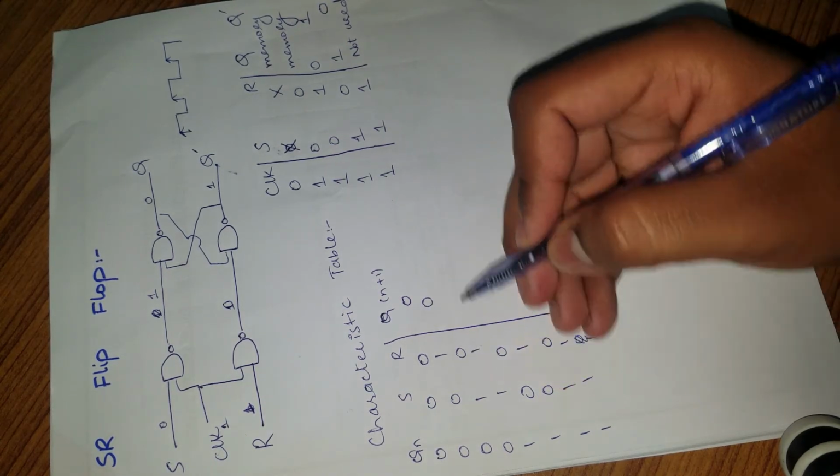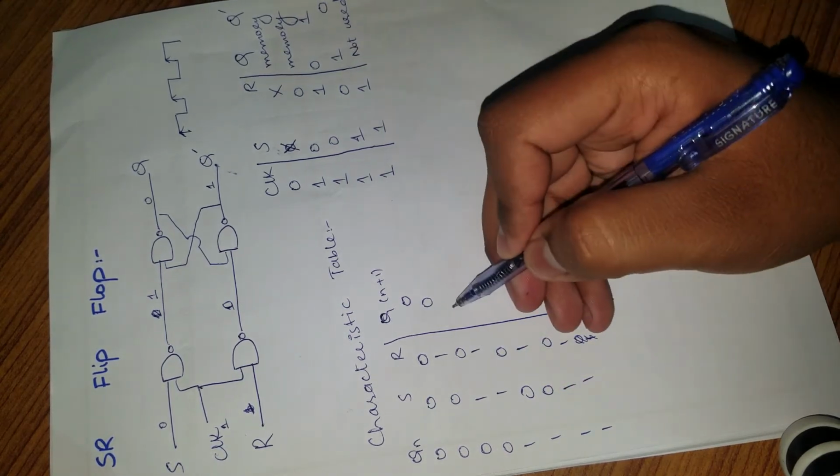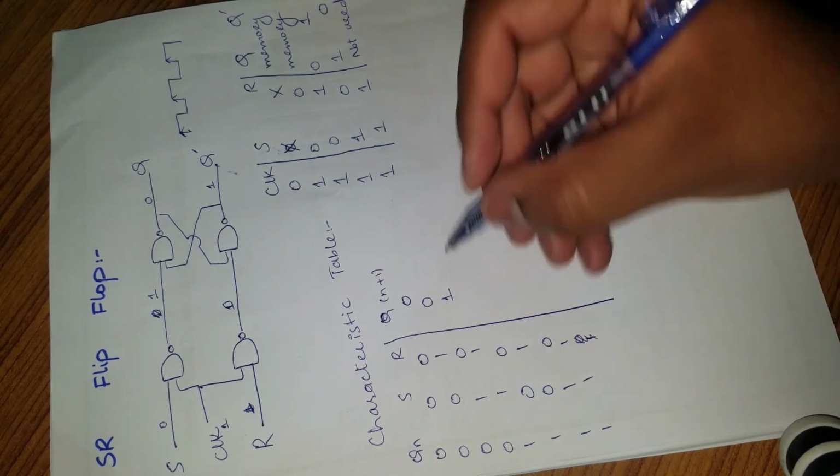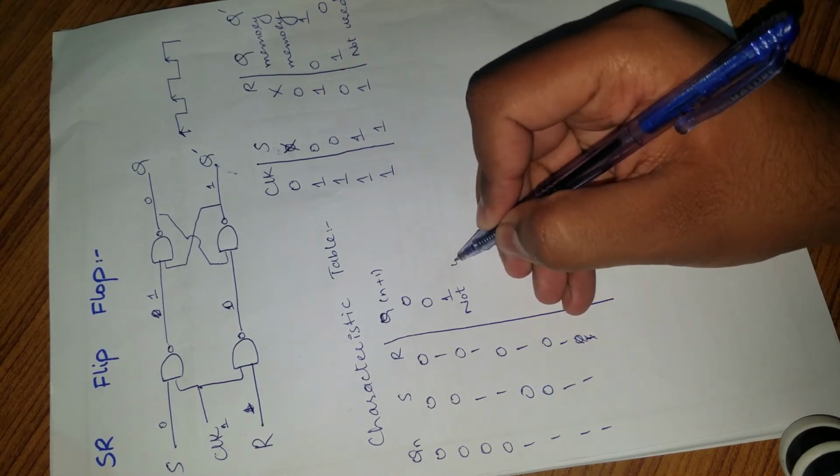When we have 1 0 at the input, the next state is 1. But when we have 1 1, this combination is not used.